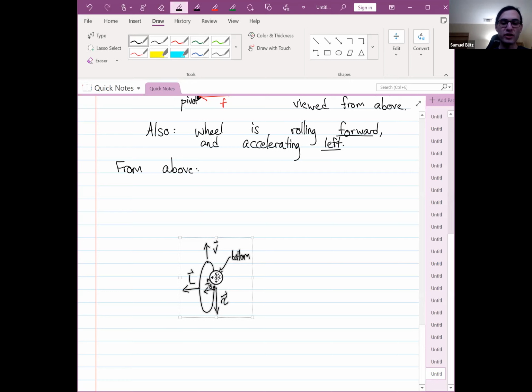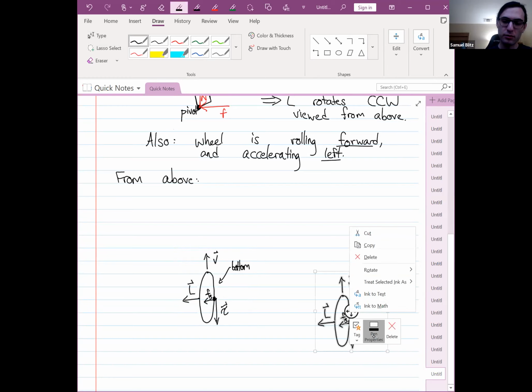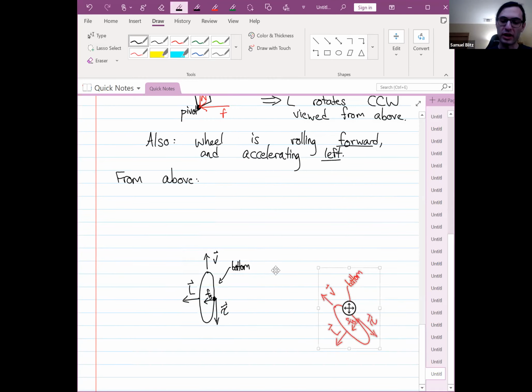And so at a fraction of a step later, we have to account for all of the things we just said. The wheel should rotate, it should move forward, and it should accelerate to the left. So what does that look like? That would look something like this. Unfortunately, I can only do 45-degree increments, but it would look like this.